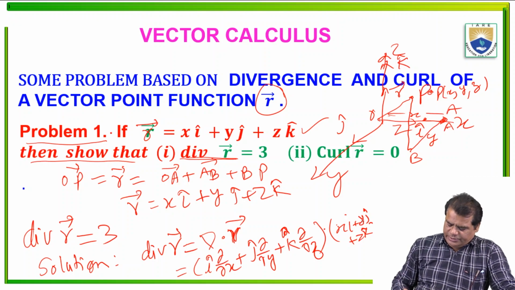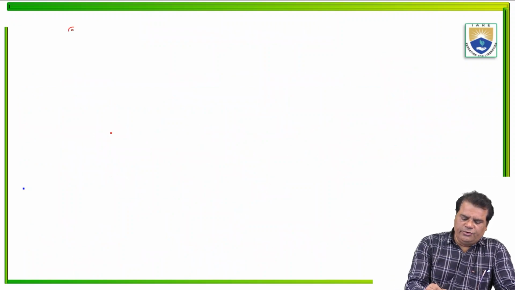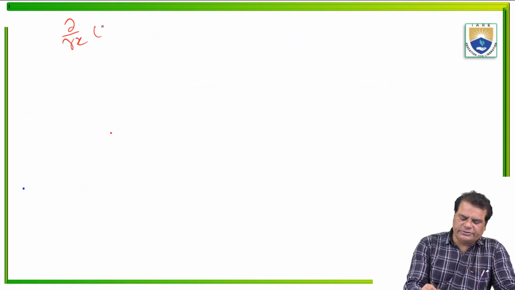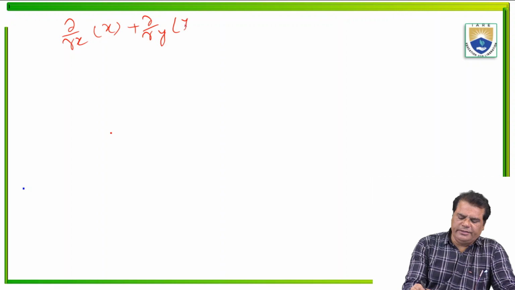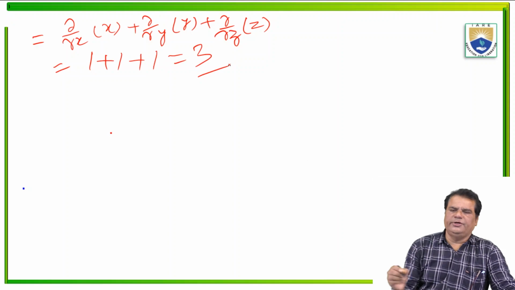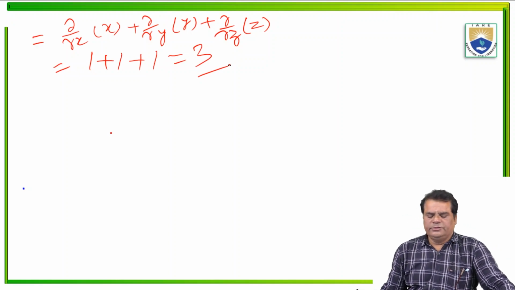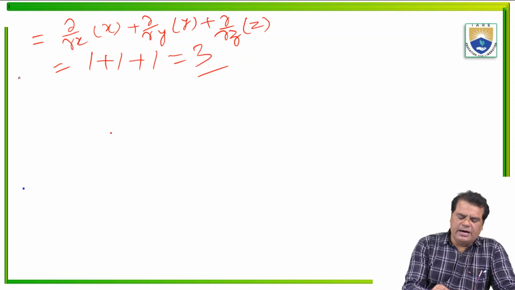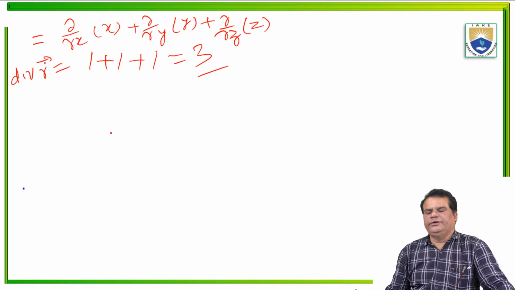So the final result is dou over dou x of x plus dou over dou y of y plus dou over dou z of z. So this is 1 plus 1 plus 1 equal to 3. This is the divergence of R. Divergence of vector R is 3.